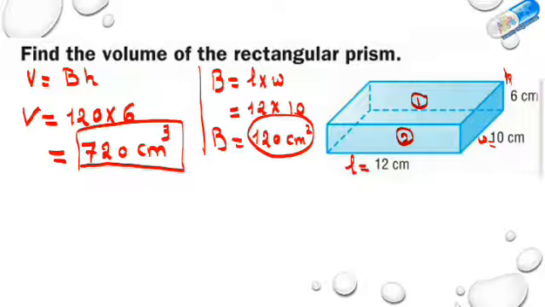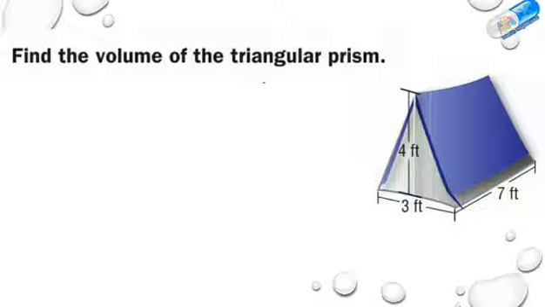Example 2. Find the volume of this triangular prism. Look at this tent. It has two bases or two faces that are triangles. So we have one face here and the other one here at the back we cannot see. So this is a triangular prism because both bases are triangles.